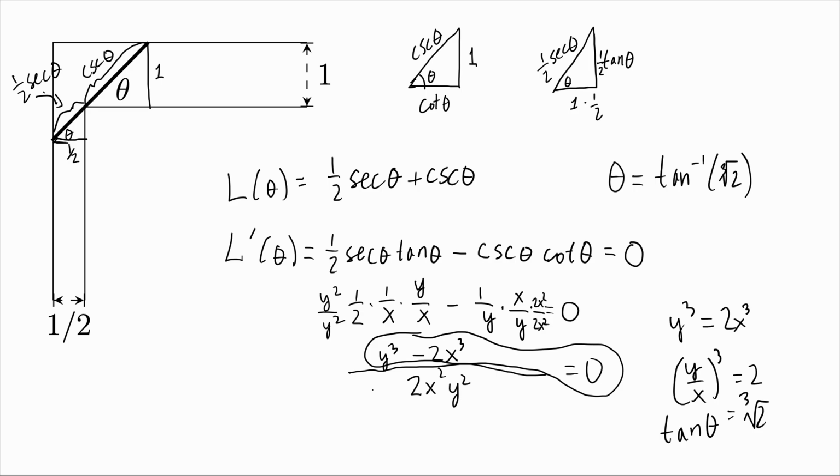I suppose what we could do is take a second derivative and keep going, then plug this in and see if we get a positive number for concavity. That'd probably be the best way if you needed to look at that. I'll forego that in this particular video, but at least we got to the critical point.